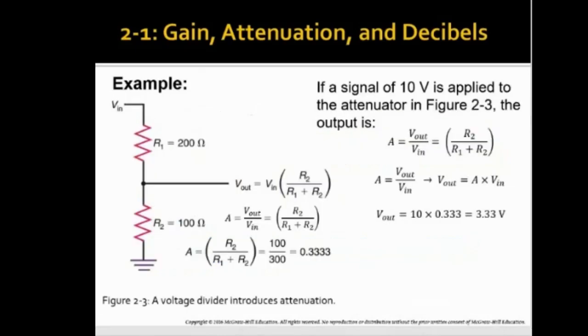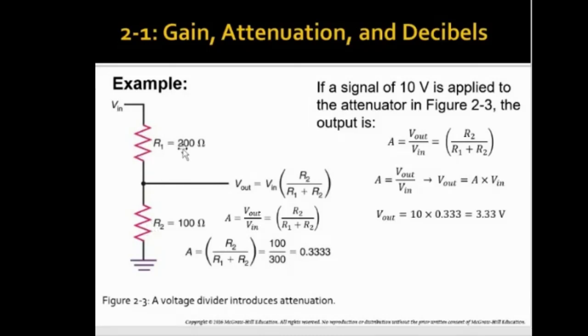Here is one example of an attenuator. For example, in an electrical circuit, you have an input voltage. The voltage applied to this circuit goes through the first resistor. Then our output is at the middle of the two resistors.